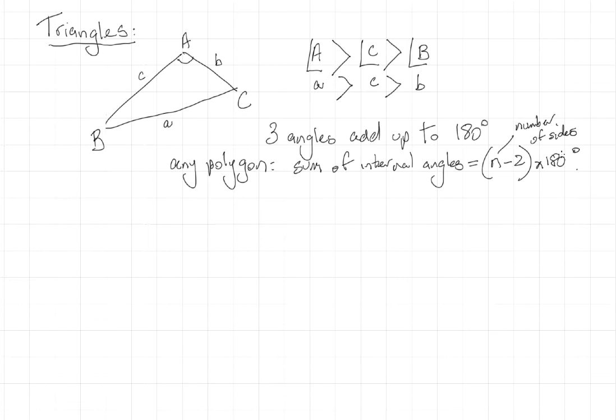Okay. There are two ways to categorize triangles. An icon for a triangle is just a small triangle like that. That's what we use as shorthand: instead of writing the word triangle, we can just write that. There are two ways to categorize, and one is by the angles.